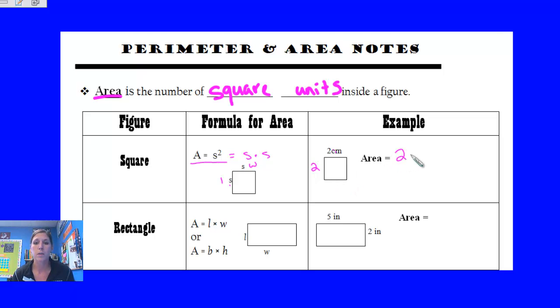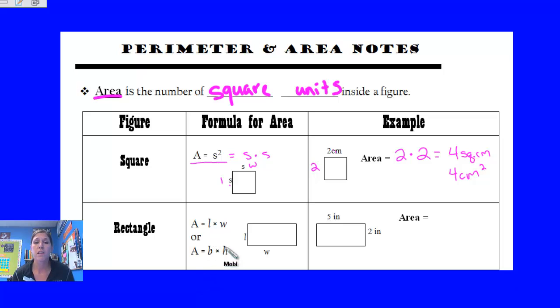So our area would be 2 squared, or 2 times 2, which equals 4 square centimeters. You could also write it as 4 centimeters squared. The label is very important. Whenever we are doing area, you need to label in square centimeters or square units, or units squared.